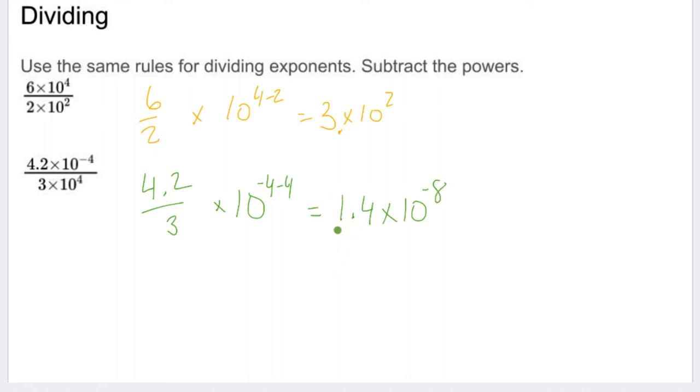If you look at this, it's going to be a very small number, but it is still in scientific notation. 1.4 times 10 to the negative 8 is 0.0000000014. So something very, very small.